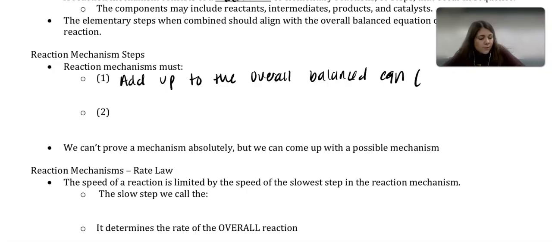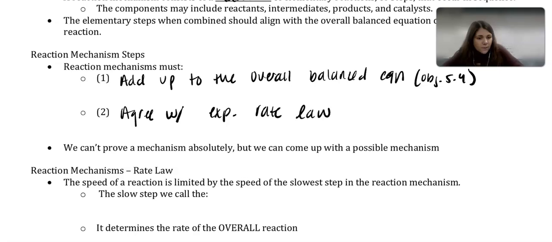Again, we talked about this in Objective 5.4. The next one, which is going to be the focus of this double unit, is that it must agree with the experimental rate law. This is the current Objective 5.8.